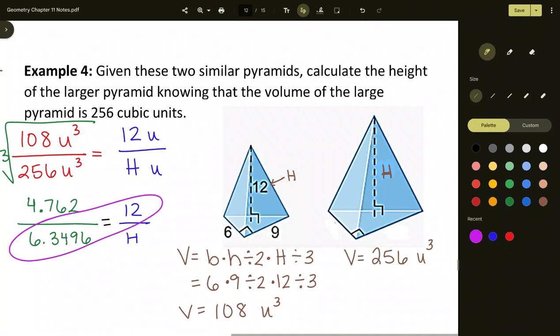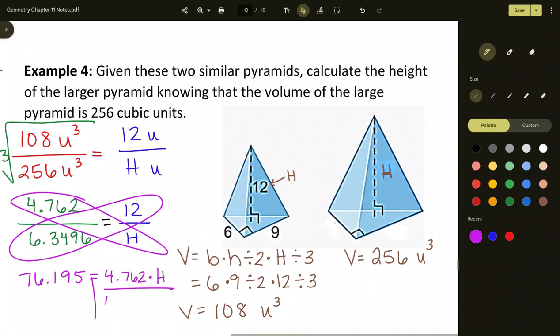Now luckily I have that long 6.3 number in my calculator, so I can just hit times 12. And that comes out to 76.195-ish. If I go the other way, it would be 4.762 times H. So we'll divide by 4.762 on both sides.